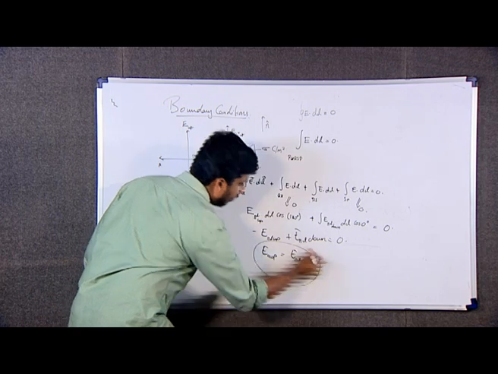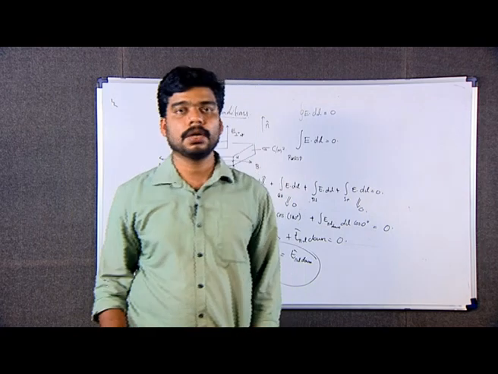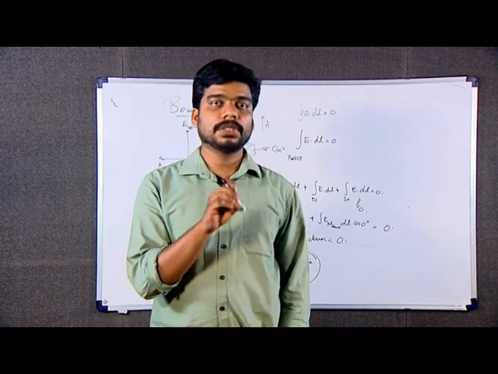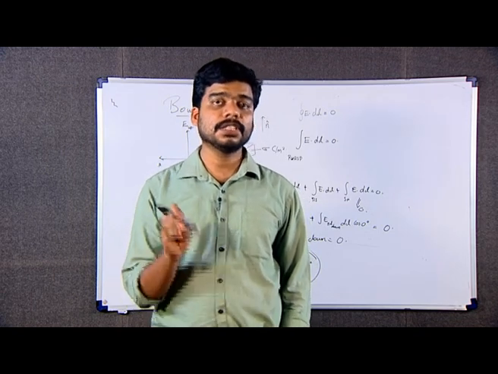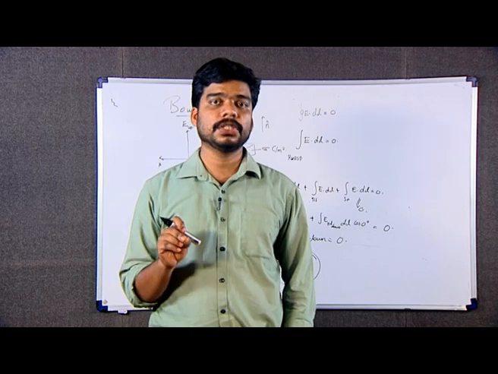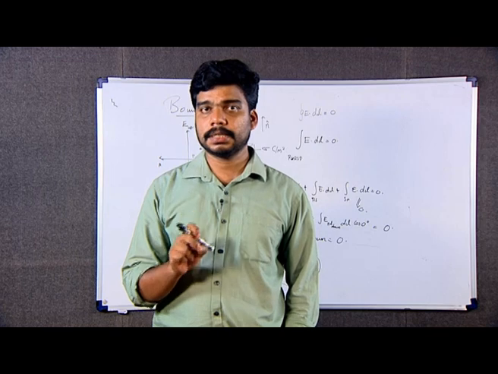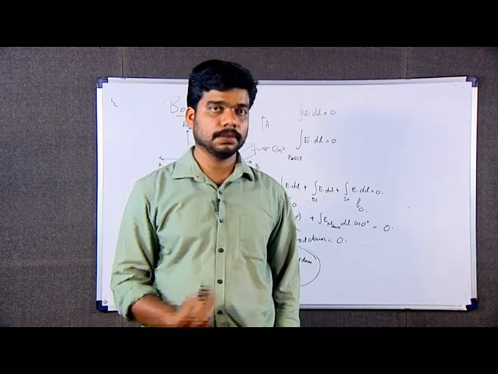That means the parallel component of electric field is continuous at the boundary. Parallel components are continuous at the boundary and E perpendicular components are discontinuous at the boundary if there is a surface charge density. What about if the surface does not contain any charge density?